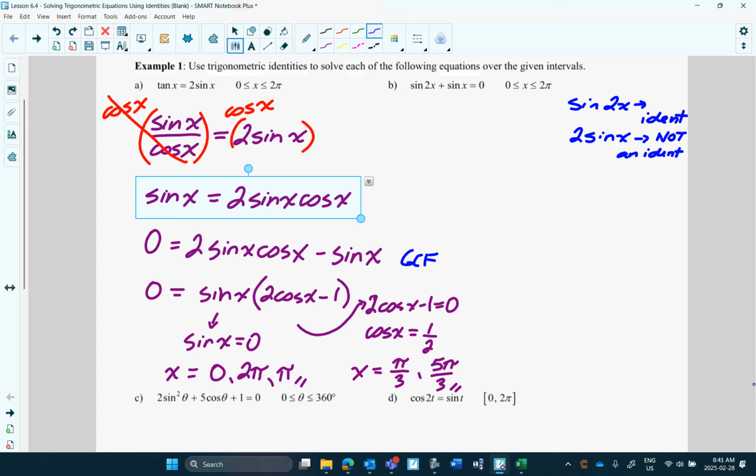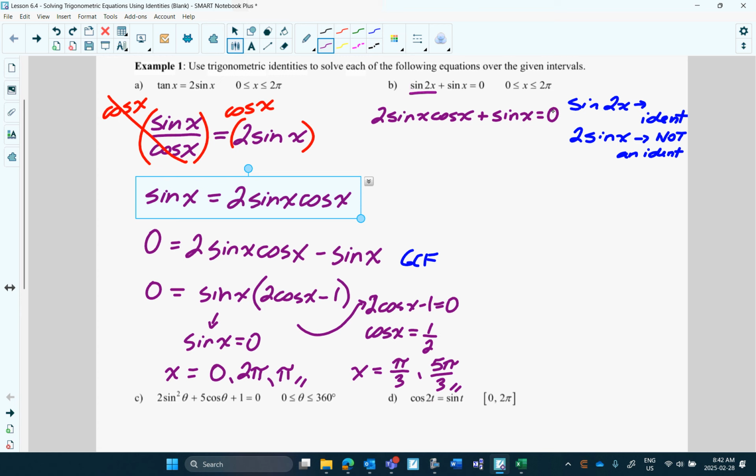Okay, well, we look at this one: 2 sine x cosine x equals zero.